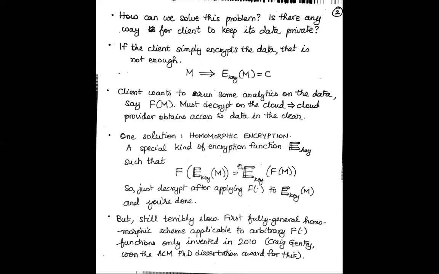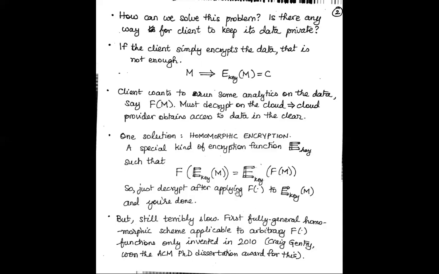So over here, if you had access to this magic sort of encryption, homomorphic encryption, you can give the cloud provider the encrypted data. You can apply the function F on the encrypted data in the cloud. The cloud provider would get this box over here, which is still encrypted, right? It's the result of some of it is still encrypted, and the cloud provider just gives you back this value, and you decrypt it locally, and therefore you get F of M. The cloud provider never sees any of your data in the clear ever.